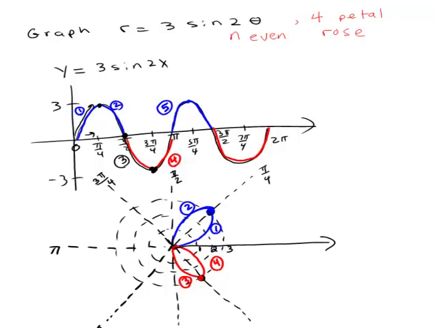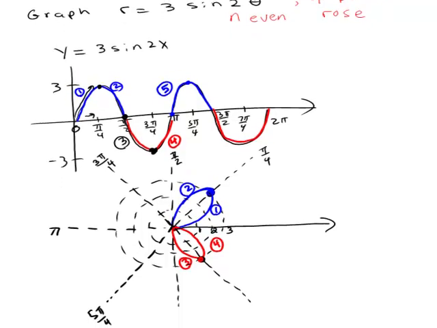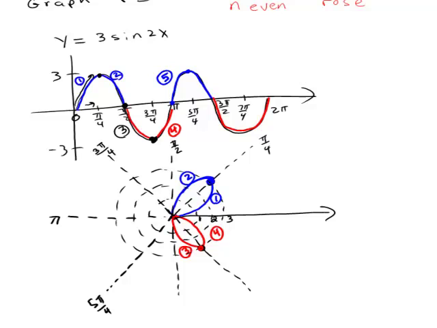So we're going from here to here. And as theta goes from pi to 5 pi over 4, r goes from 0 out to 3 on 5 pi over 4. So here is 3. And we're going to start from the pole, and then we're going to increase out to 3. So from here to here, okay?